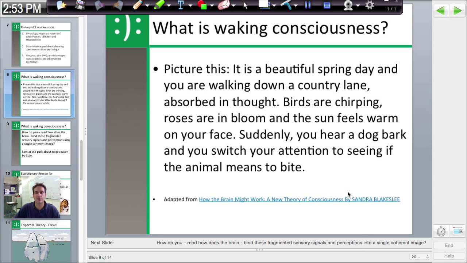Suddenly, you hear a dog bark, and you switch your attention to seeing if the animal means to bite. You're totally paying attention to something else, but then your attention is turned. Your waking consciousness is now turned to something else. You're no longer conscious of these other stimuli that are present.